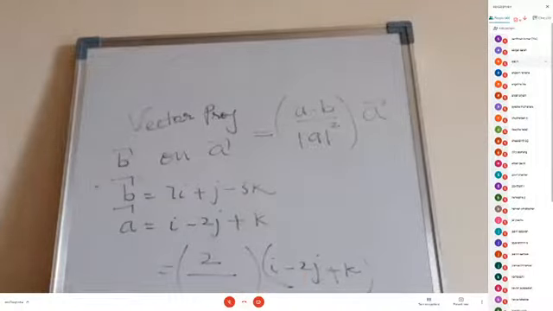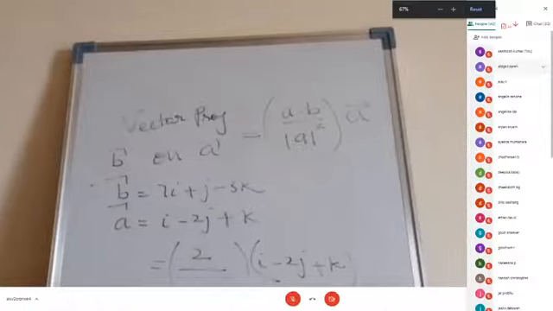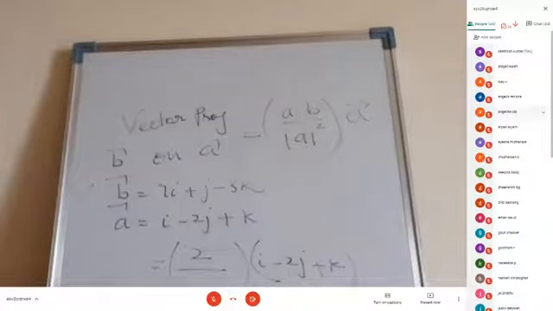What is mod A? 1 plus 4 plus 1 is 6, root 6, and its square is 6. So 2 by 6 is 1 by 3. The answer is i by 3 minus 2 by 3 j plus k by 3.